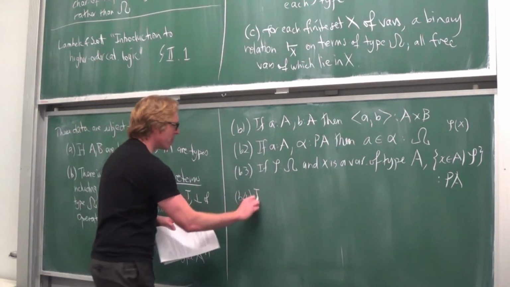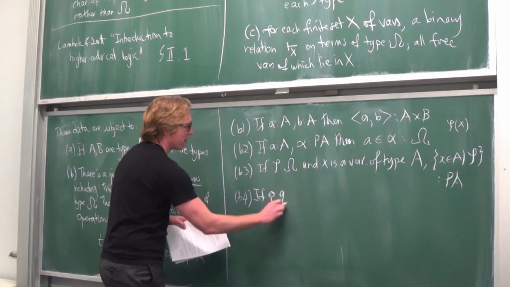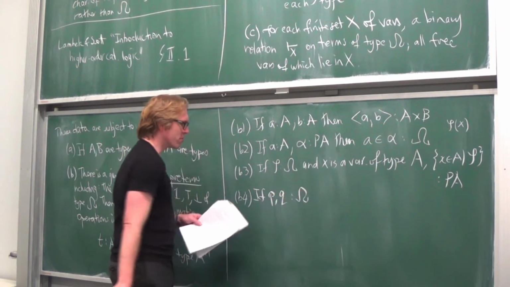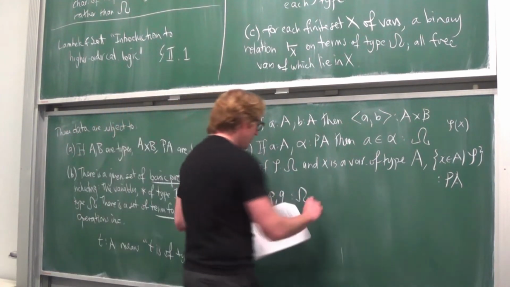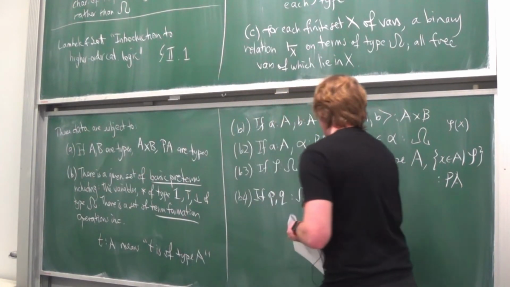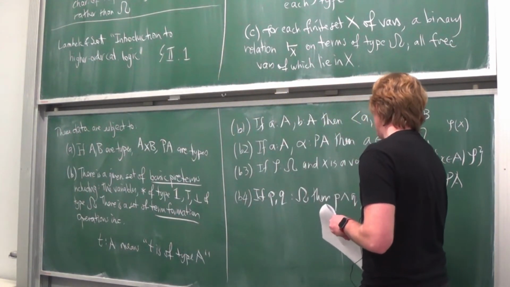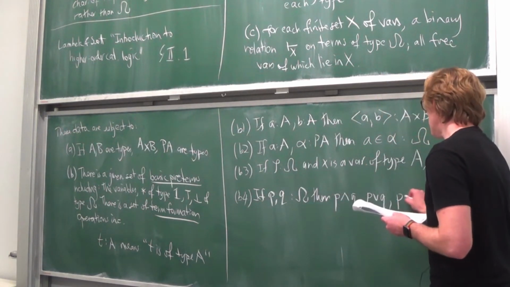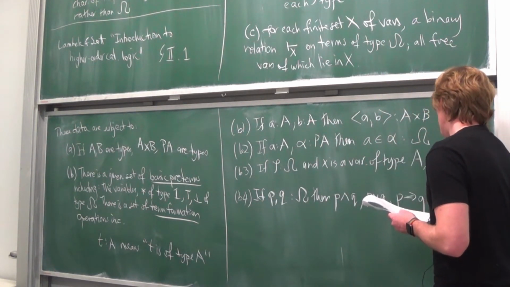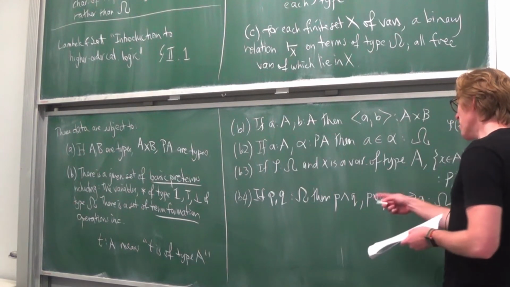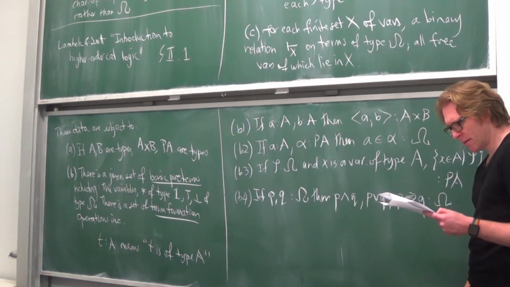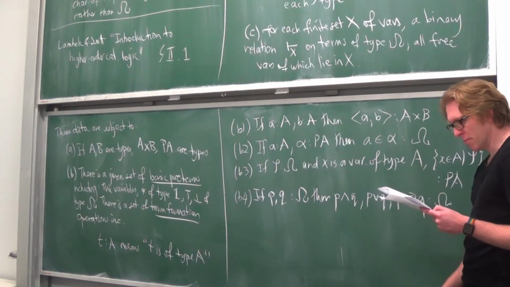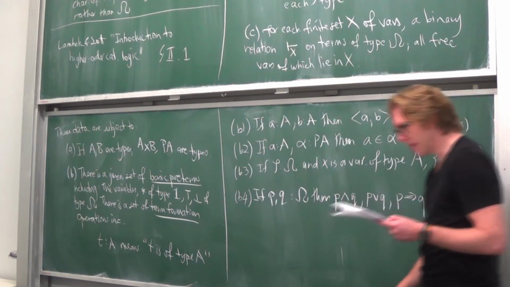Okay, then we've got the basic logical operations on formulas. So we have and, we have or, and we have implies. Things like not we'll define as constructions using, for example, implies and false in a second.